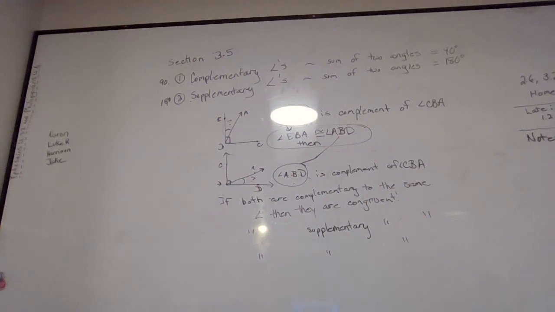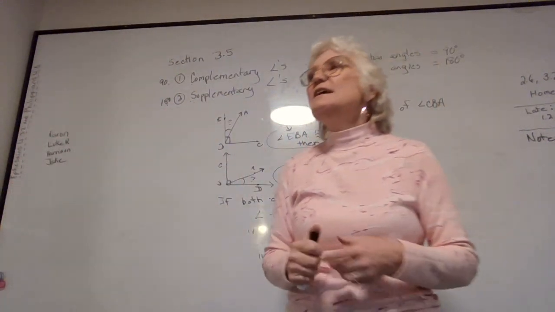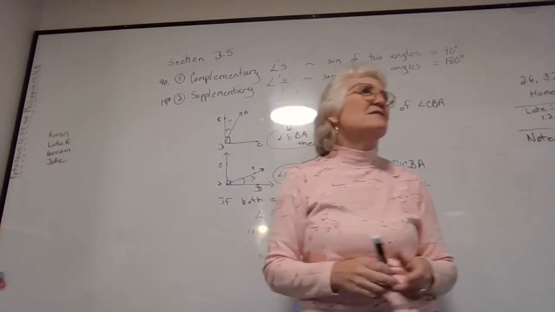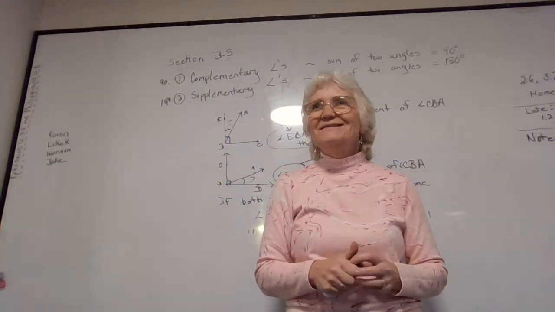Okay, and so that's the whole idea, and it's defining terms. So if you go into a court case, and think about this, geometry and the proofs are kind of like a court case. You can't go in and just say this is true if you have no basis for it.